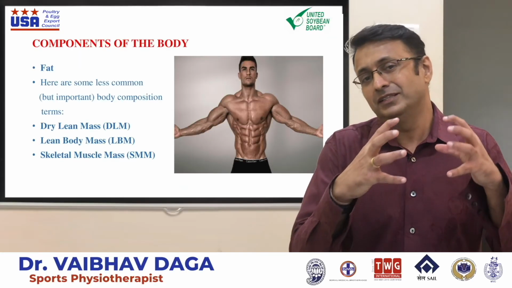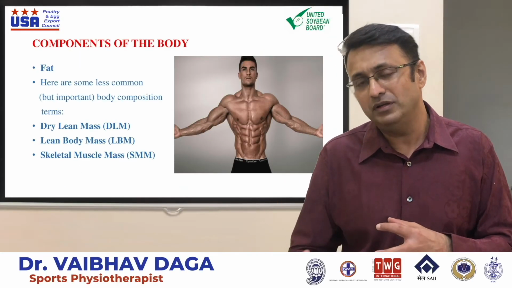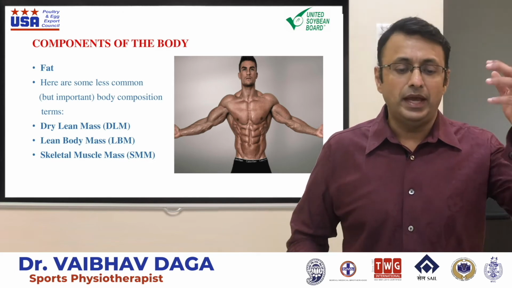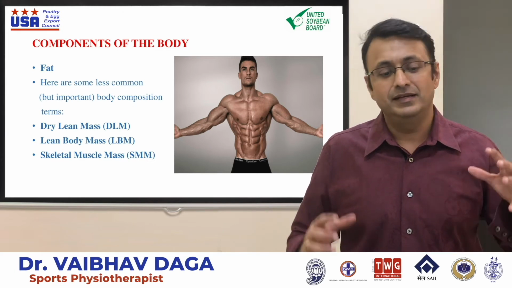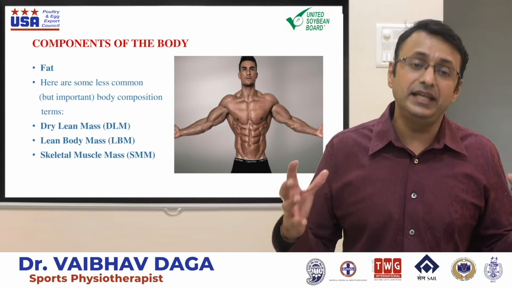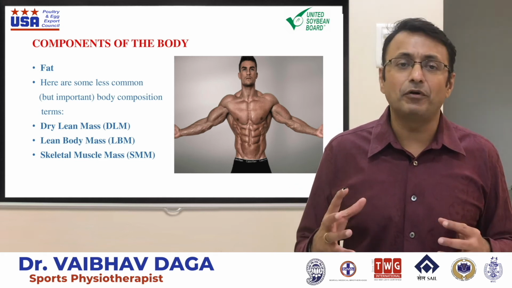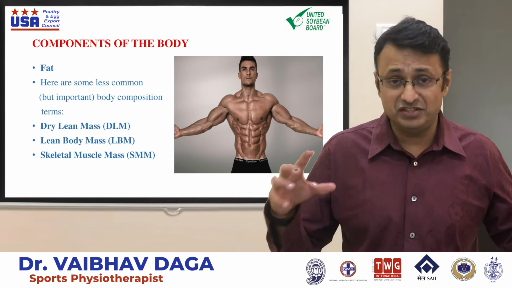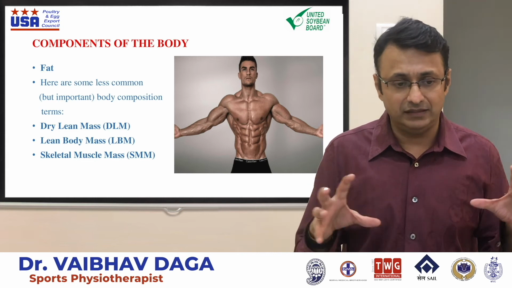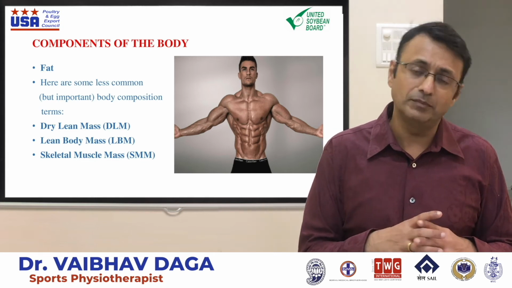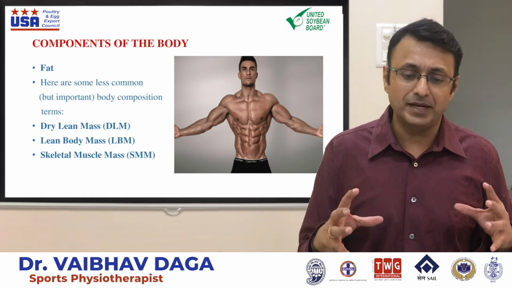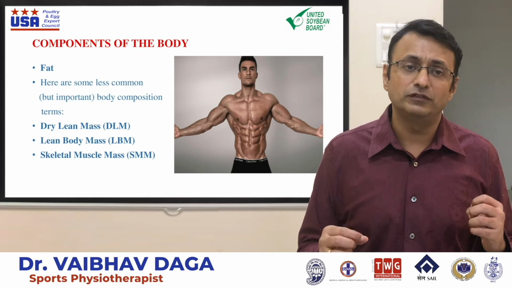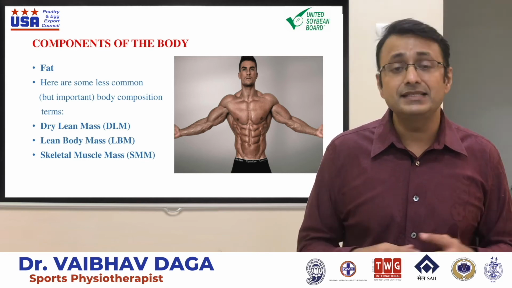So it's about the protein and the minerals, like the bone, your bloodstream and your muscles, that make up your dry lean mass. Then there is lean body mass. I believe this is the most important factor of the components. The lean body mass is the combination of dry lean mass and the body water.